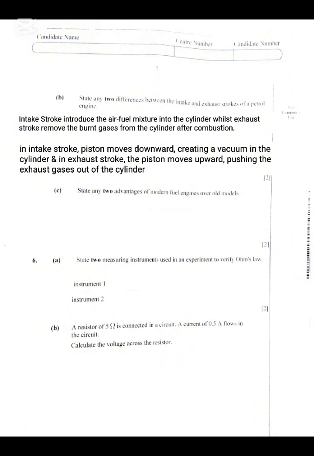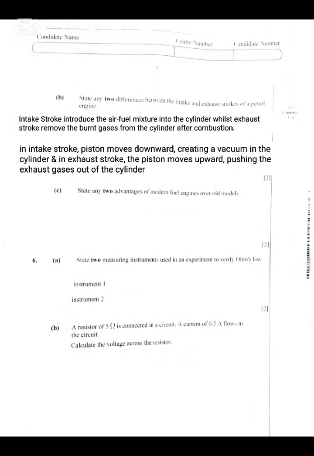Part B, state two differences between the intake and exhaust strokes of a petrol engine. So we can give our differences looking at the purposes. The purpose of the intake stroke is to fill the cylinder with fresh air mixture, whilst the function of the exhaust stroke is to expel the burnt gases from the cylinder. So you can get 1 mark by giving the differences in their purposes.